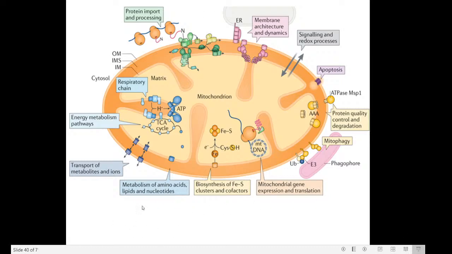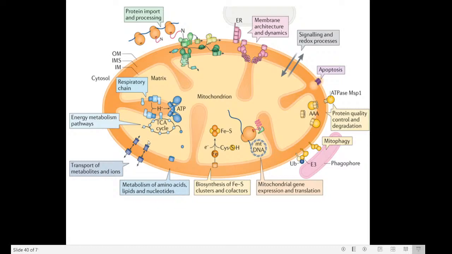This is an overall function. It helps with synthesis of Fe-S clusters and cofactors. In the mitochondrial membrane, the metabolism of amino acids and lipids happens. Mitochondria have the transport of ions and metabolites, the energy metabolism pathway, and the TCA cycle.